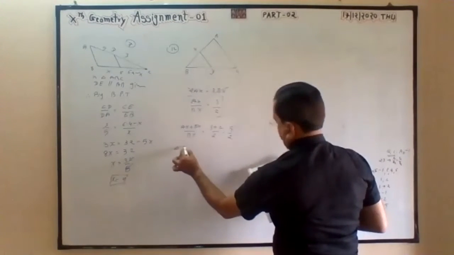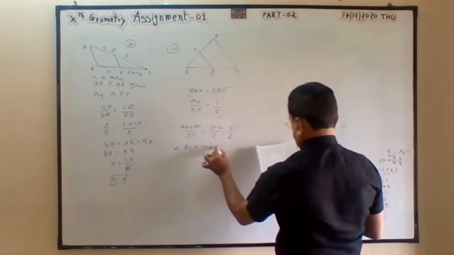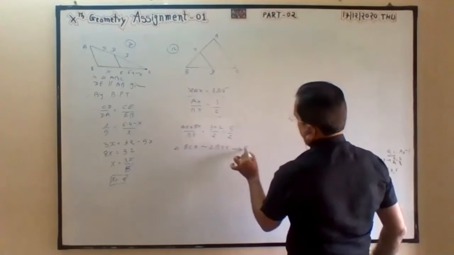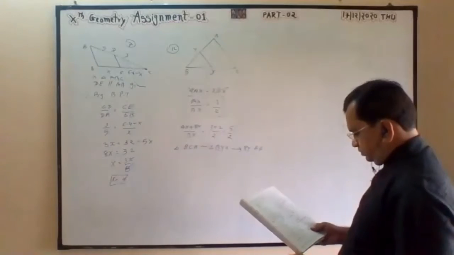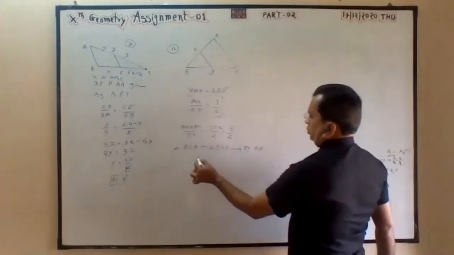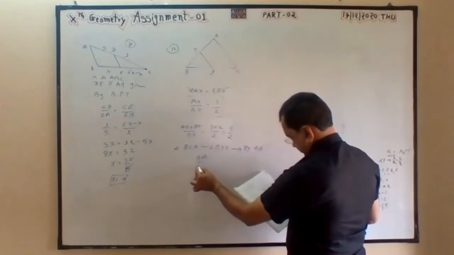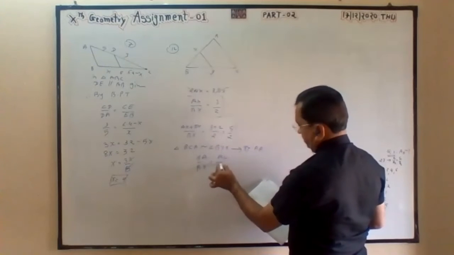Then they have given two triangles are similar. It is activity based. By the AA test, BA by BX is equal to AC by XY.